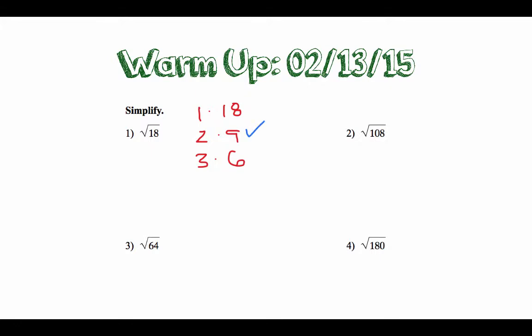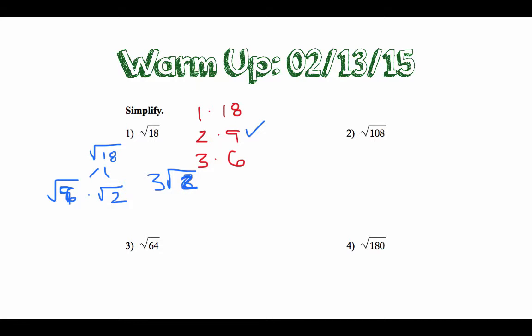So we break the square root of 18 down into the square root of 9 times the square root of 2. 9 is a perfect square, so we can say that's 3, square root of 2 as your answer. And that's how you can work through one of those problems.